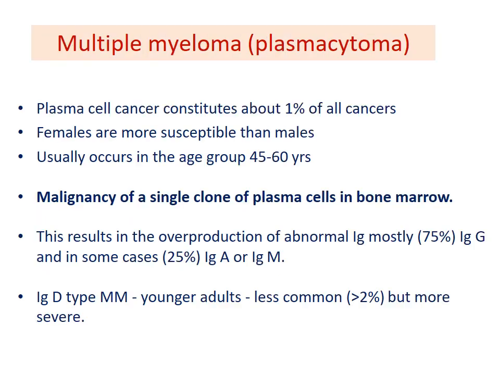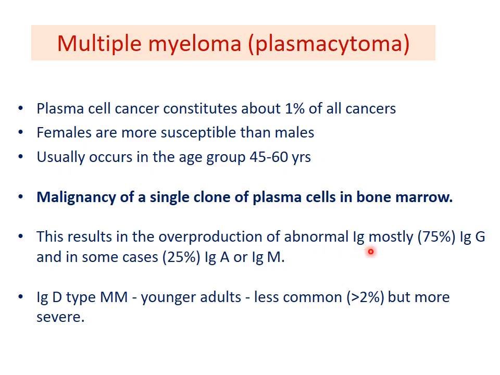Multiple myeloma is the malignancy of a single clone of plasma cells. We know that immunoglobulin is produced from the plasma cell. So it is also called plasmacytoma. Oma means tumor. So it is a tumor of a single clone of plasma cells in the bone marrow, and it constitutes almost 1% of all cancers and is common in females in the age group of 45 to 60 years. Okay.